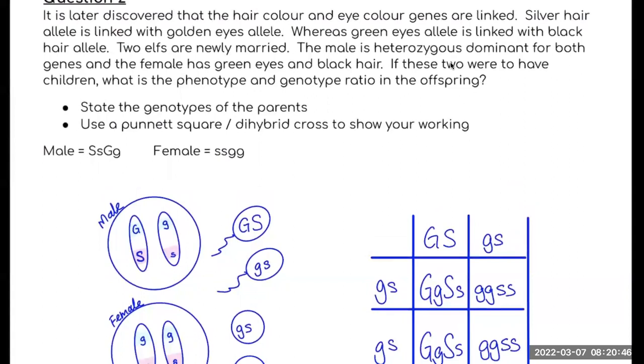So in the question I said, silver hair is linked with golden eyes, and the other two, green eyes and black hair, are linked to each other.